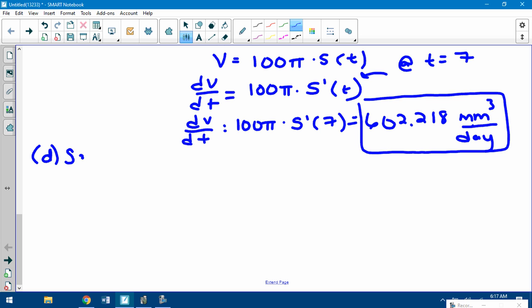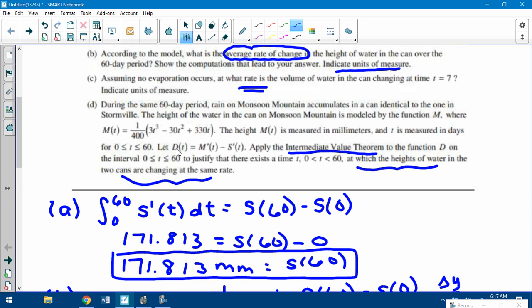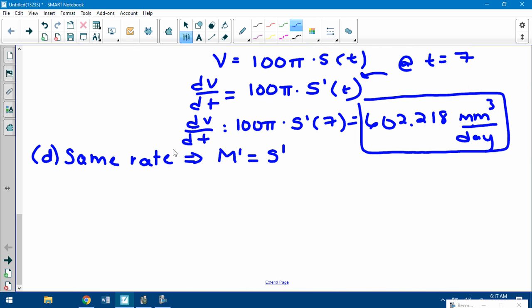So same rate implies that m prime equals s prime. But if m prime equals s prime, what's true about d? Well, if this is equal to that and you're subtracting them, d equals 0. So it implies that d of t equals 0.